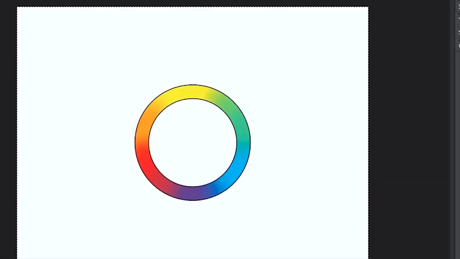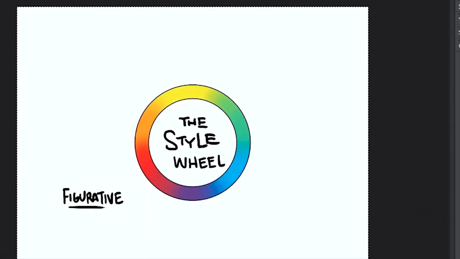The style wheel is kind of the same thing. You use these primary elements of style and you combine them to create any other style that you want. The primary elements of the style wheel are number 1, figurative. Number 2, symbolic. And number 3, abstractive, okay?